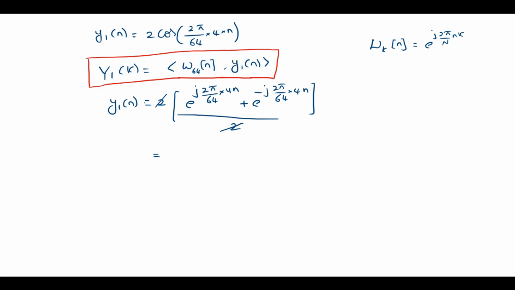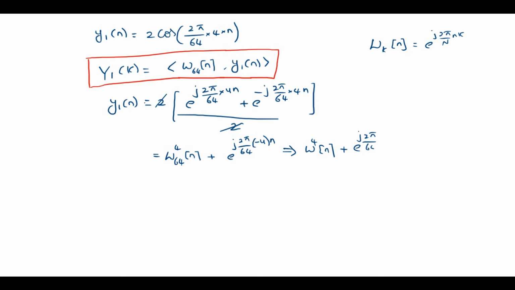So I am writing this as e power j 2 pi by 64 into 4n, that is W power 4 of n, plus here we have the negative term, e power j 2 pi by 64 into minus 4n.